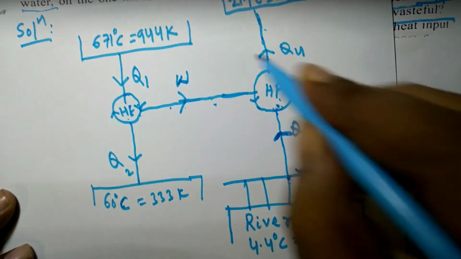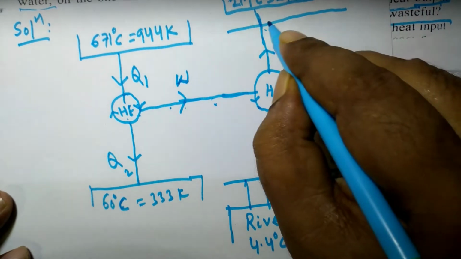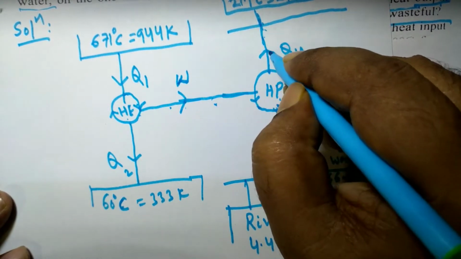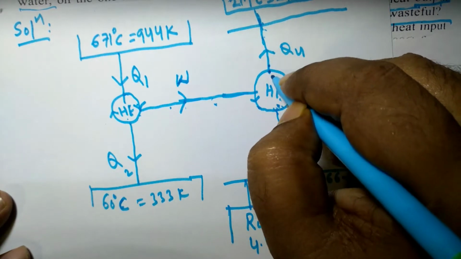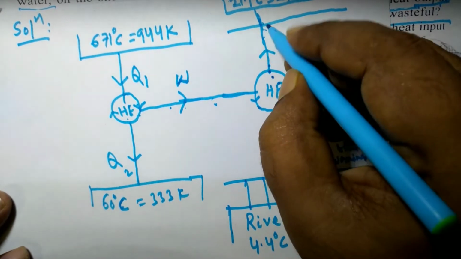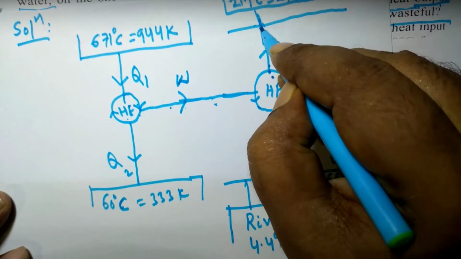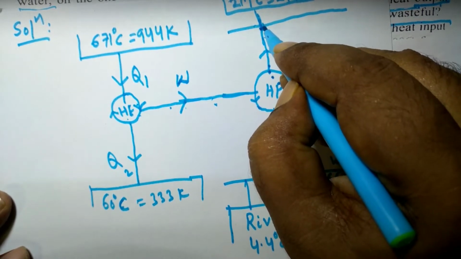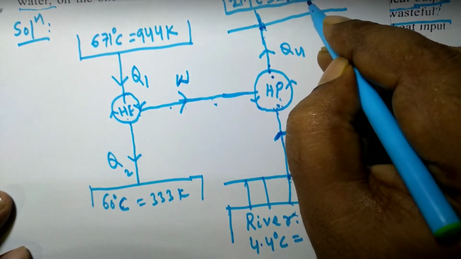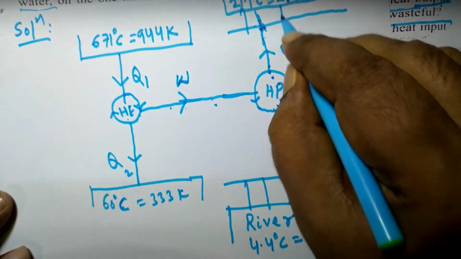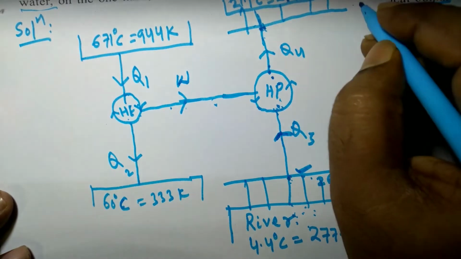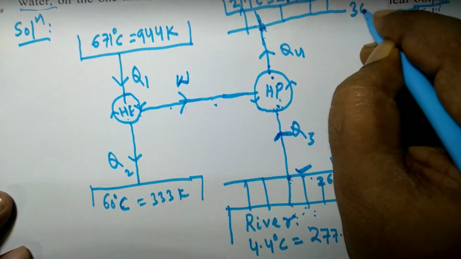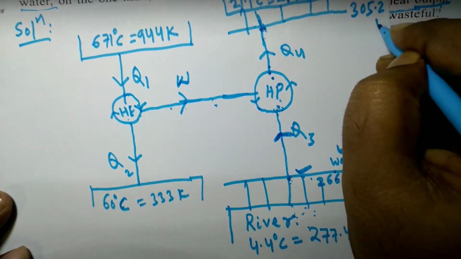And if you calculate the temperature of the working fluid when heat is transferred to it, and the temperature of the working fluid while rejecting heat, when the heat engine or heat pump rejects it. What is the temperature of the working fluid here? Obviously it will be higher than this temperature by 11.1 degrees Celsius. So this temperature will be 294.1 plus 11.1, that is 305.2 Kelvin.